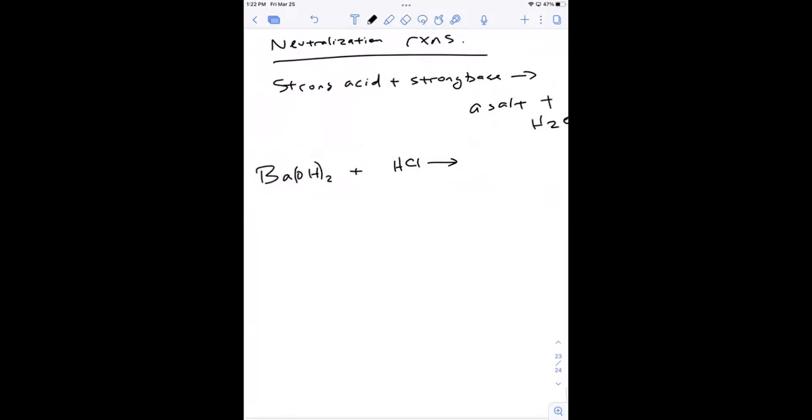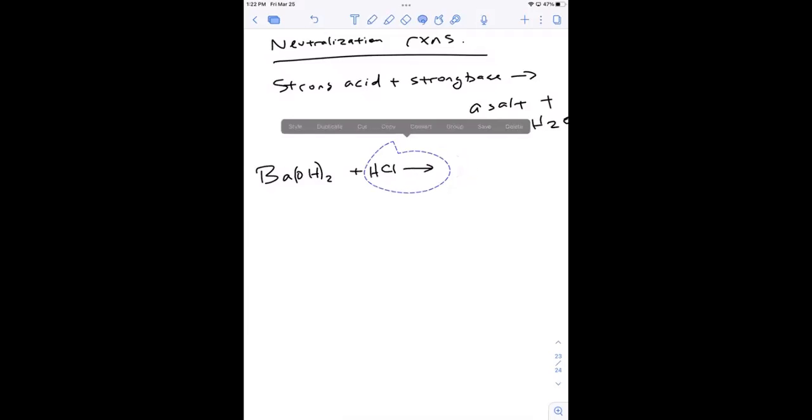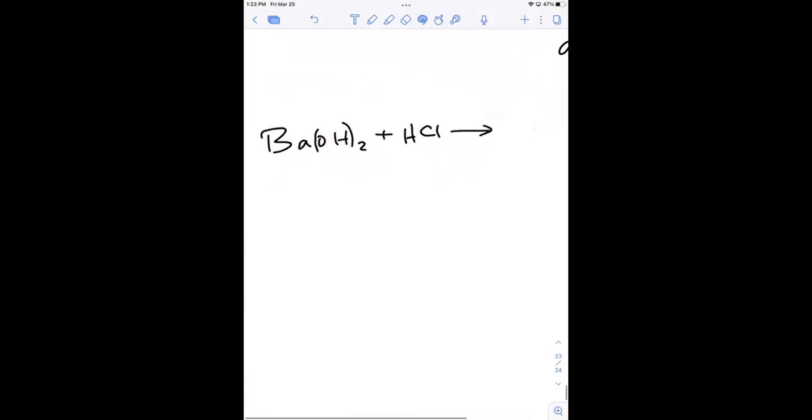And if we think about this like a double displacement, what products are we going to get? This should be clicking a little bit more now. How to predict these products. Right, if we write this out, this is Ba2 plus, 2OH minus, and then this is H plus the Cl minus.